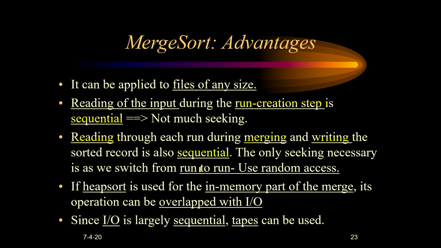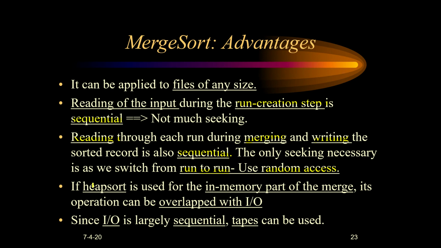Throughout this sequence, the only place where we don't have sequential access is whenever we switch from one run to another run. Here the technique used for accessing is random access. So we can end up with long seeking time, because it is not sequential.